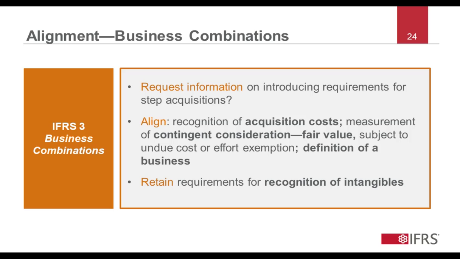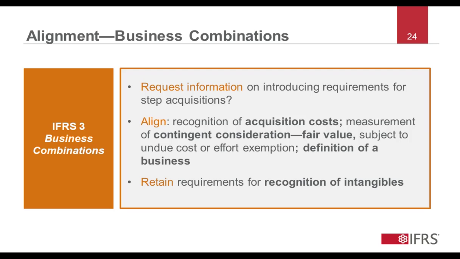And particularly on the measurement of contingent consideration, this would be a circumstance where we would be introducing more fair value measurement, but we could also use the undue cost and effort exemption that I discussed under the conceptual framework, and we could say if measuring contingent consideration at fair value would create undue cost and effort, then you could use the exemption.